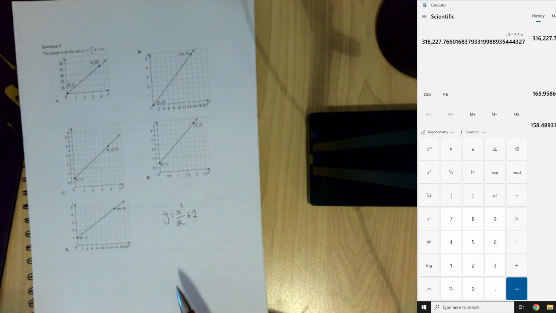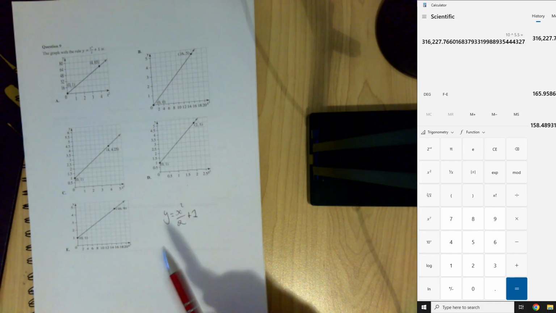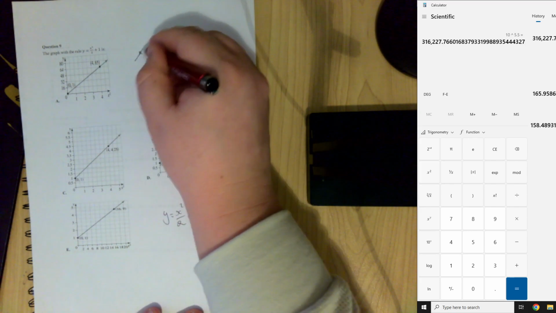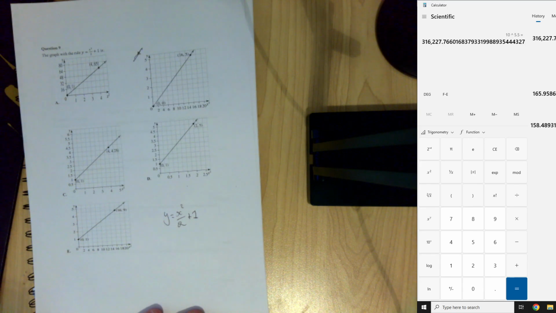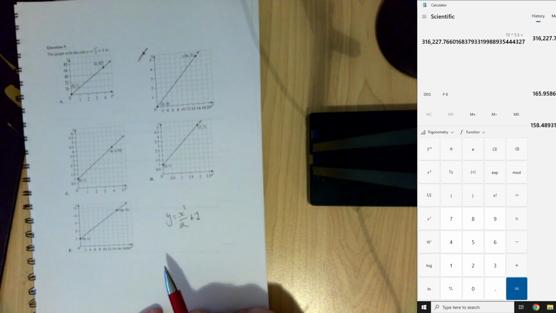And now, first thing I should note is that the point of origin should be, or the intercept should be 0, 1. So for example, this one here should be ruled out straight away because it's at 0, 0. Yeah. Okay, the rest of them will go through 0, 1, I think.